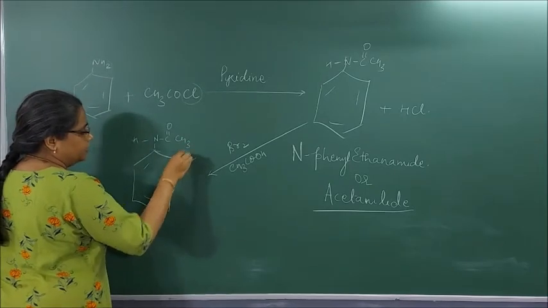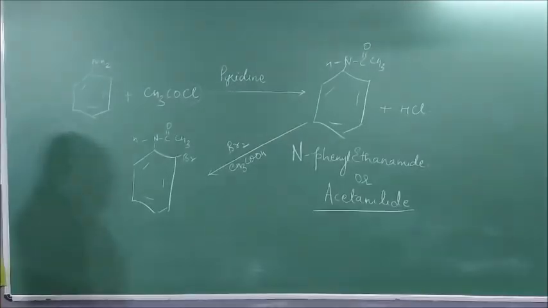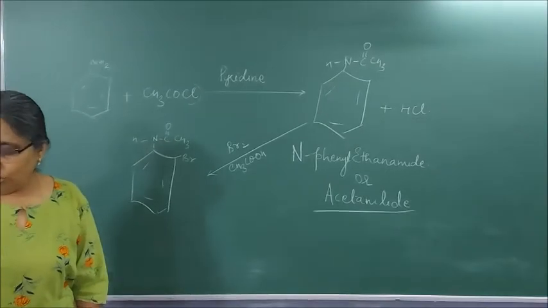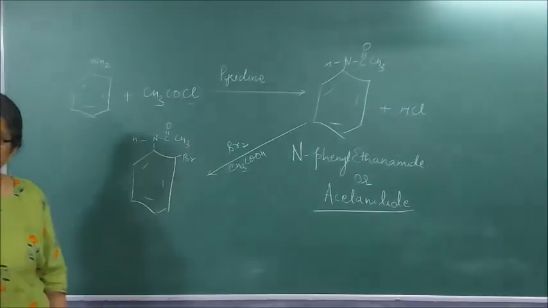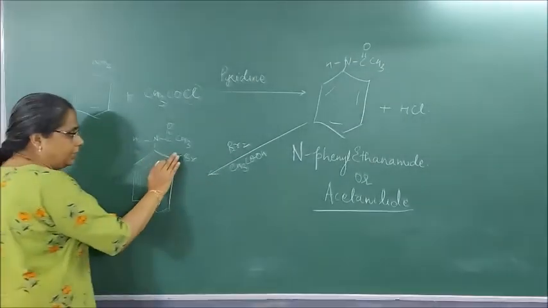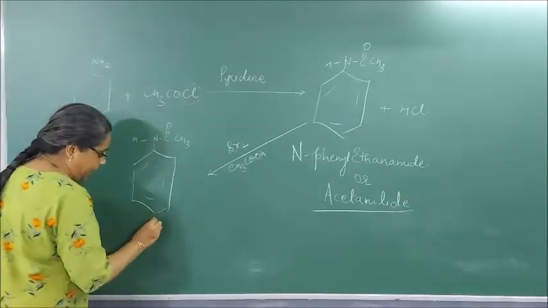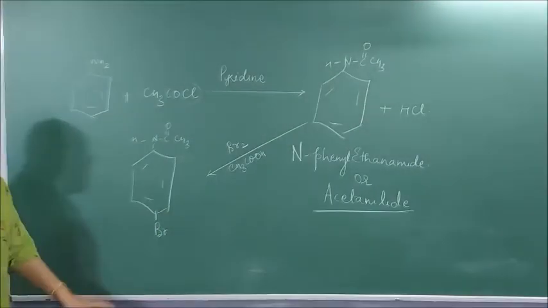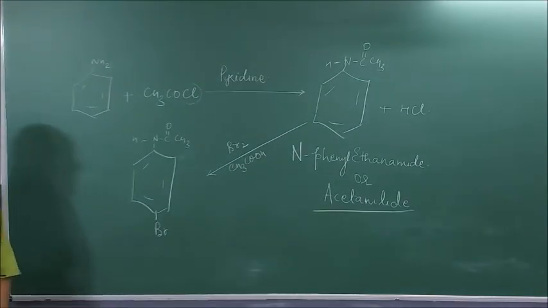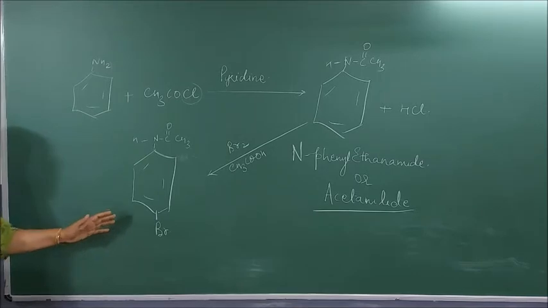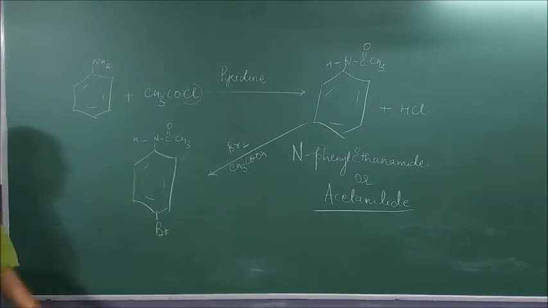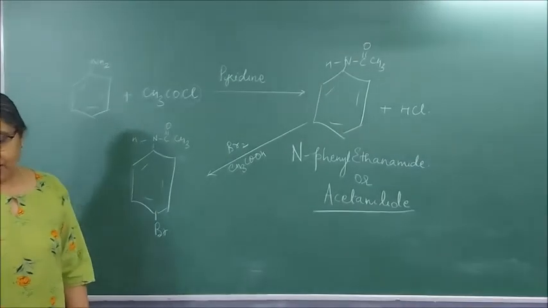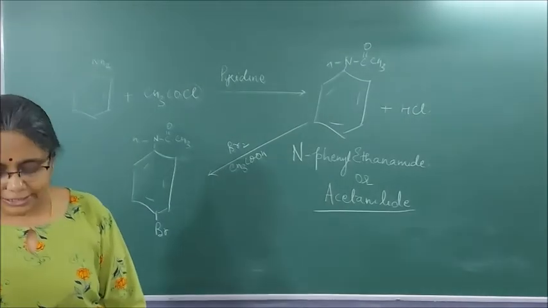Either it will be substituted at the ortho position, or it will be substituted at the para position. But as the major product is para, we will prefer to write it at the para position. So name of the compound, you know? Para-bromoacetanilide. Very good.